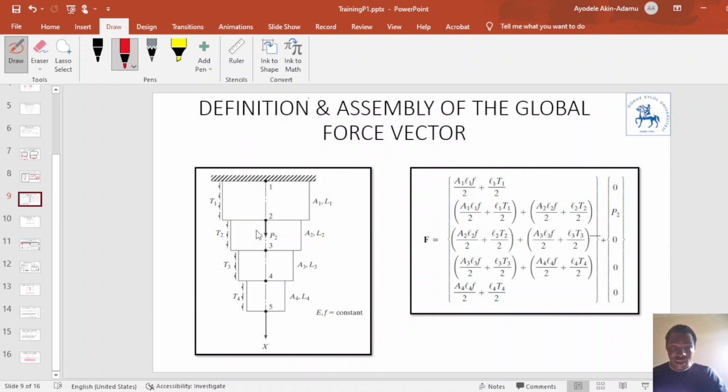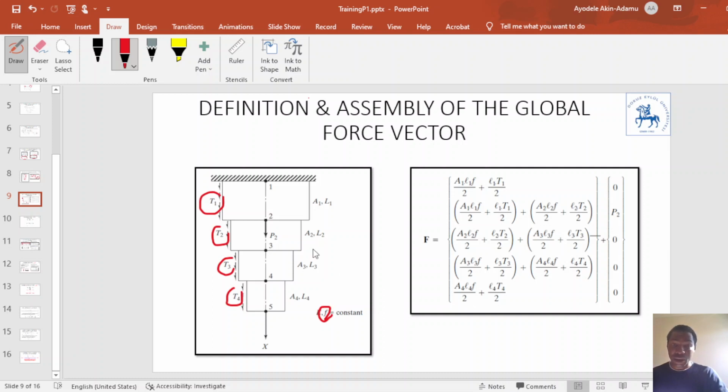In this slide, in this structural body, the traction force is depicted as T1, T2, T3, T4. The body force depicted here is the self weight of the body of each element, and F is the self weight of the body in, say, Newton per cubic meter.